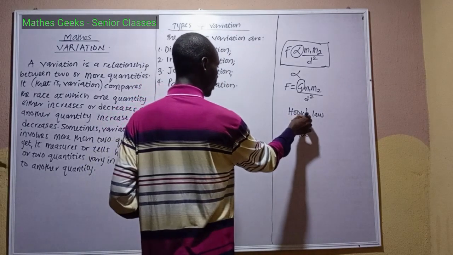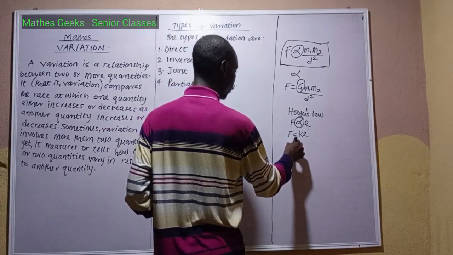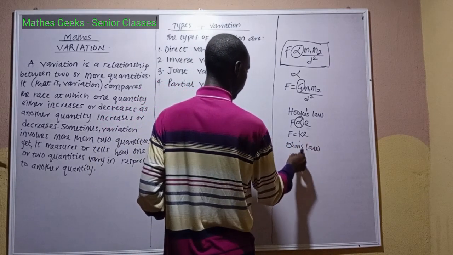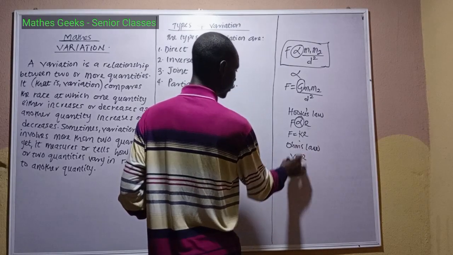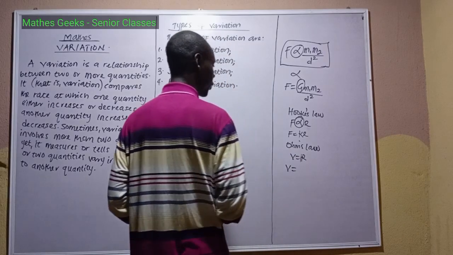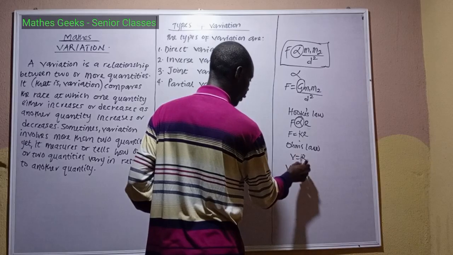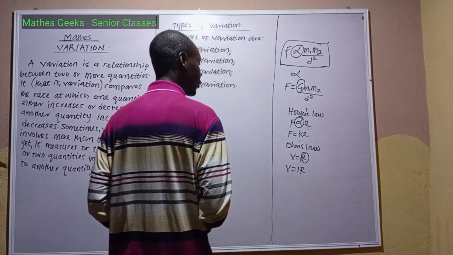So you can see this use of variation in this law. We also come to Ohm's law, where V is equal to IR. That is, the current flowing through a metallic conductor is proportional to the potential difference across it. So V is equal to IR, where R is a constant of proportionality known as the resistance.